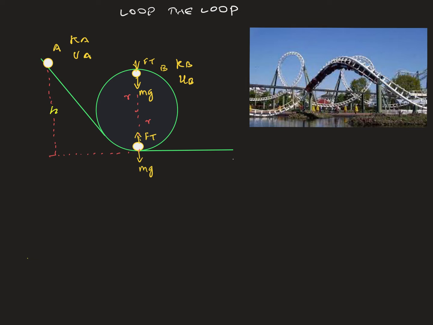So how do we do it? We won't be able to use the equations that we used before because at different segments, the object is going through different types of motions. So obviously, there's a circular motion here, but not here. So how do we solve that? If we use the law of conservation of energy, we know that this object has some potential energy here, and that energy will be converted into kinetic energy, and that will give it some velocity.